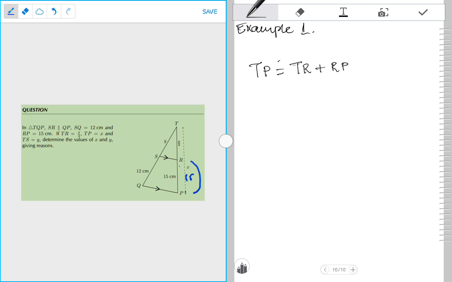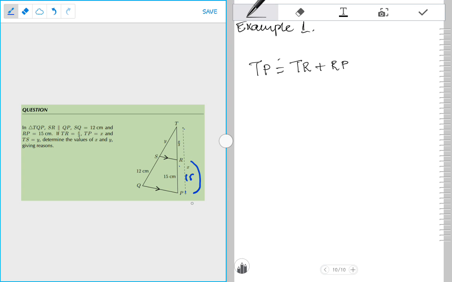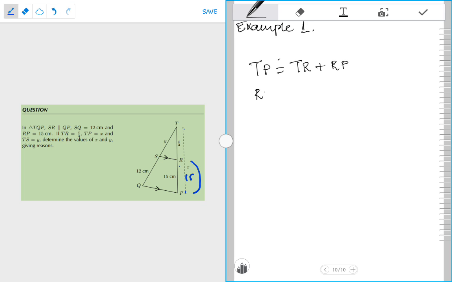Then now let's solve for the unknown one. Therefore we say RP is equals to TP minus TR.